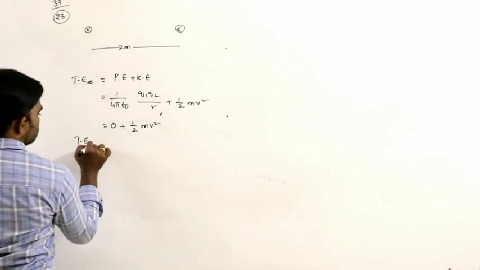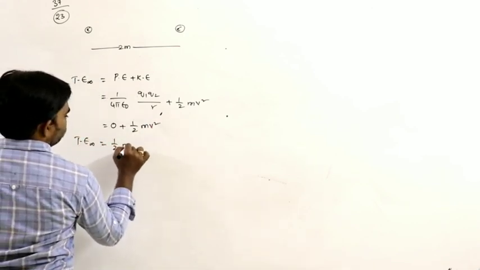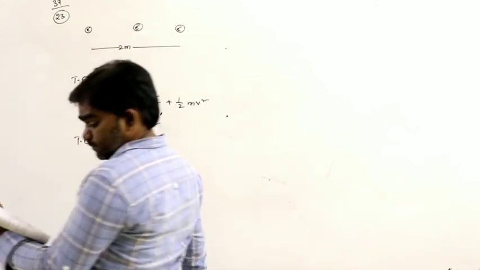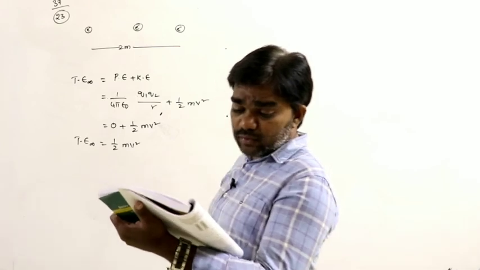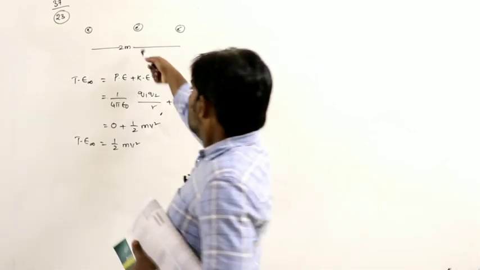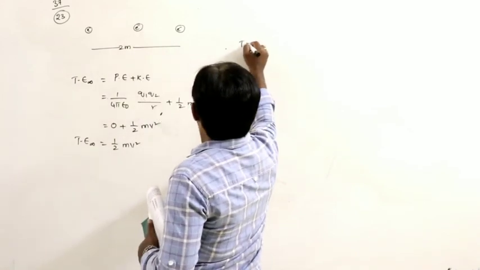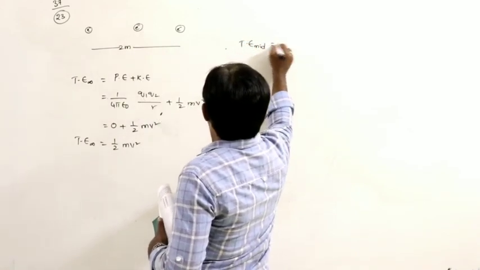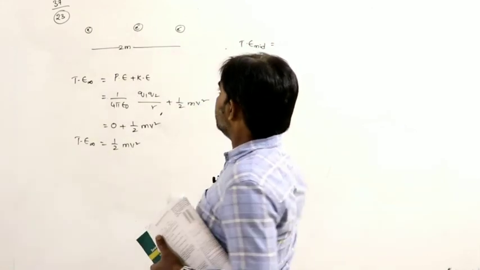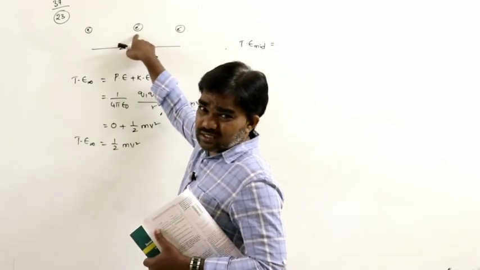So total energy at infinity is equal to half mv square. If the electron exactly reaches the midpoint, if it comes to rest when it reaches the midpoint of the line joining the stationary electrons, at this position, what is the total energy at the midpoint? Kinetic energy 0, because it comes to rest.